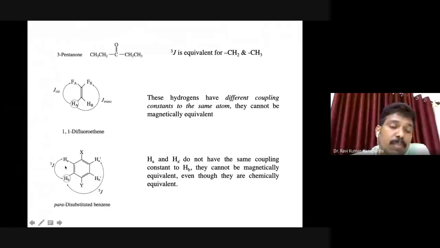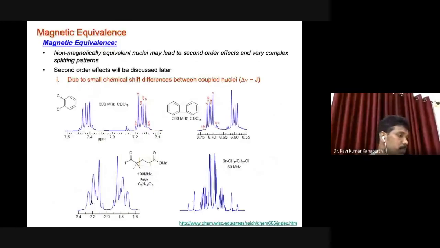The HA interaction with HB is different. That is J3, and then HA dash with HB is J5. This interaction is different. You can also explain it in terms of HB, and this interaction is different. So please remember that. Chemical shift equivalence and magnetic equivalence are very important topics.